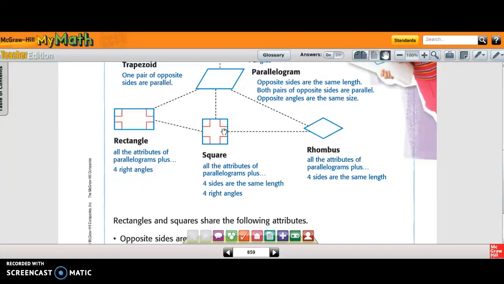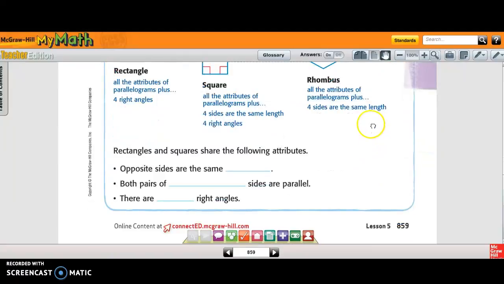All right, so let's keep moving. Rectangles and squares show the following attributes. Opposite sides are the same length. Both pairs of opposite sides are parallel.